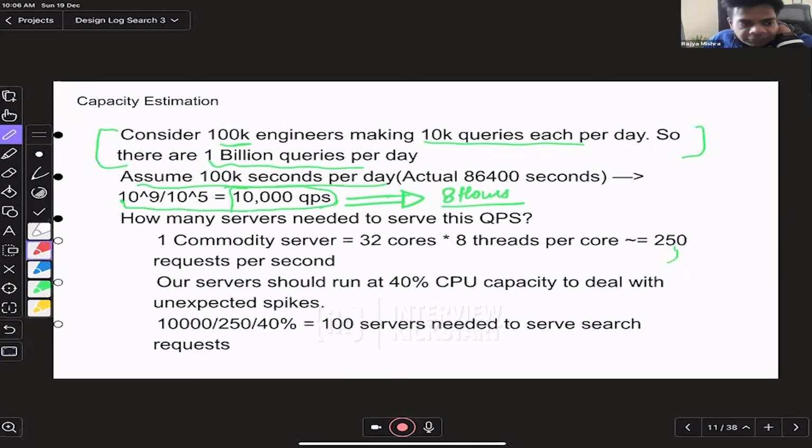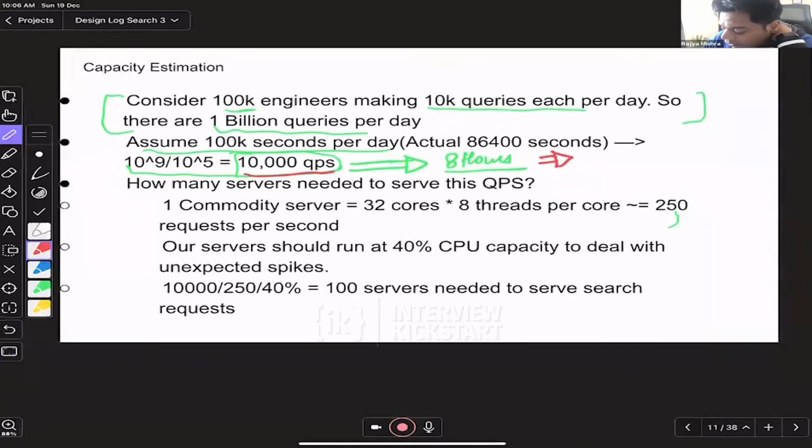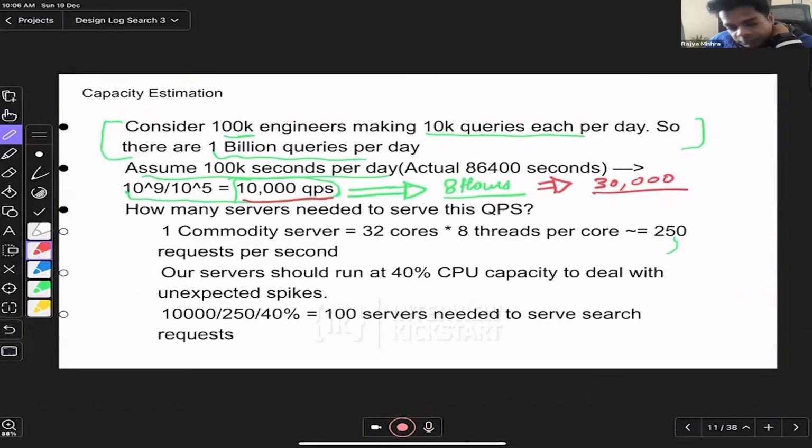In that case, we can have another consideration that maybe this 10,000 queries per second is actually 30,000 queries per second, because all the 100,000 engineers are working through that 8 hour window only. So this is an interesting observation which you can mention during your interview.